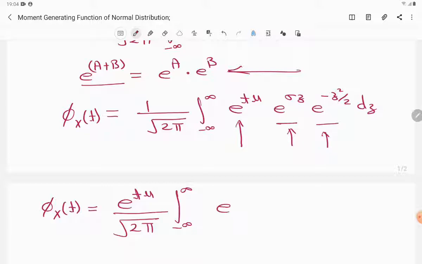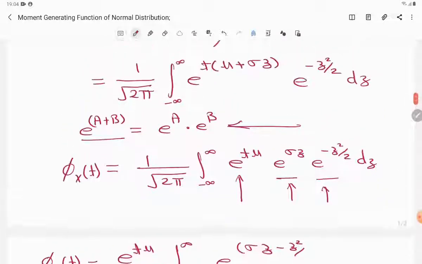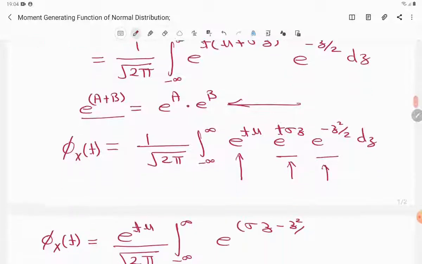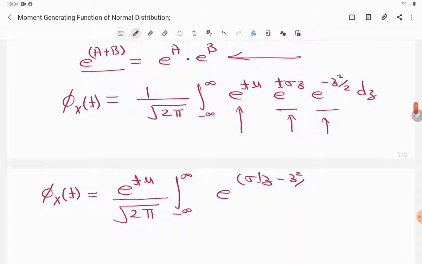So I am combining these two, and I am going to write that like this. One small thing over here: you have e power t mu and e power, so this t is outside the bracket, and therefore when I divide it, I have to take t over here, which I had forgotten earlier. So I will write t over here, and then I will have dz.